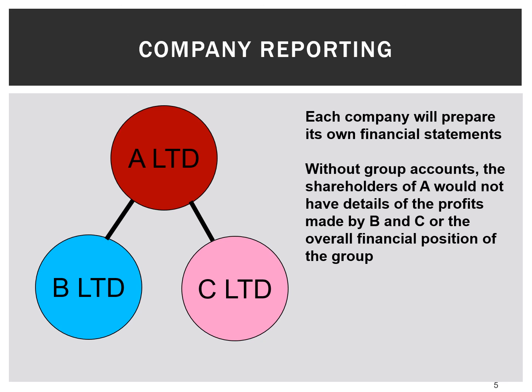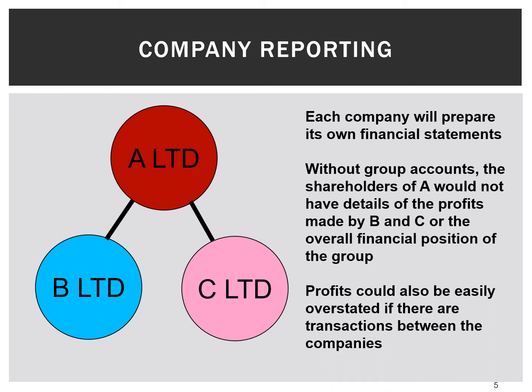Without group accounts, the shareholders who own the shares in A Limited, the parent company, wouldn't automatically be entitled to copies of the accounts of B Limited and C Limited, and so they could be missing some information, although obviously these could be obtained possibly from Companies House depending on the size of the company. But more importantly, profits could be easily overstated if transactions are carried out between any of those three companies. We'll just have a look at an example to see how that might happen.